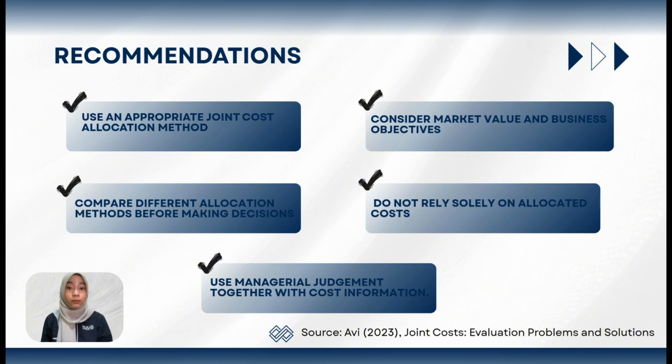At the same time, managers should not rely on allocated costs only. They should also consider other factors such as market value, customer demand, and the company's overall business objectives. In other words, cost information is important, but it should be combined with managerial judgment.